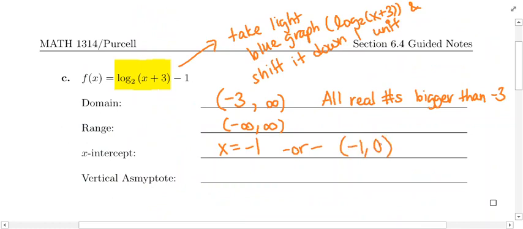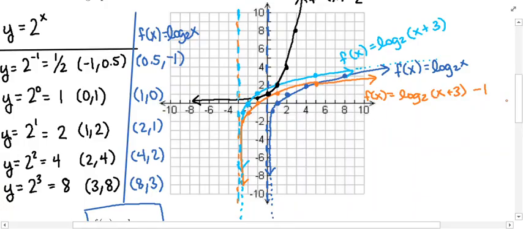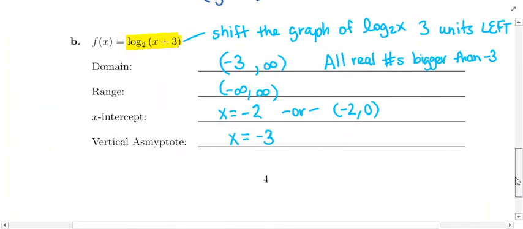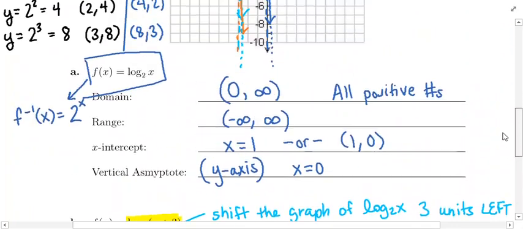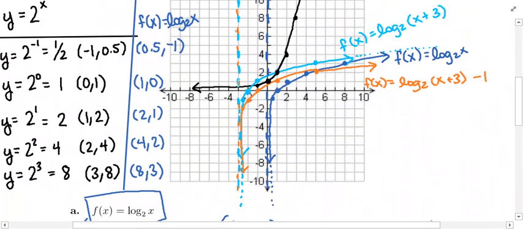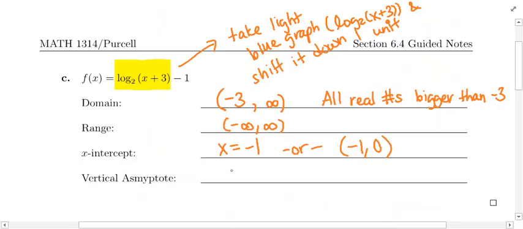Lastly, we know the vertical asymptote is the same as it was for the light blue graph, so the vertical asymptote is x equals -3. You can see the orange dotted line is the same as the light blue dotted line. Every point on that dotted line has an x coordinate of -3. The asymptote has to be written as an equation, and its equation here is x equals -3.